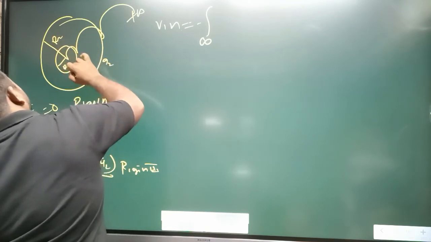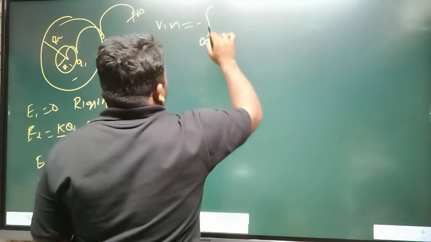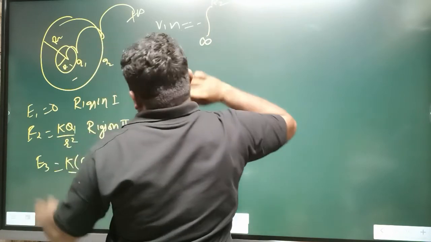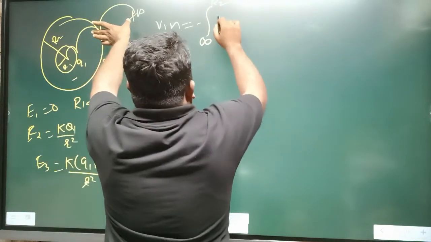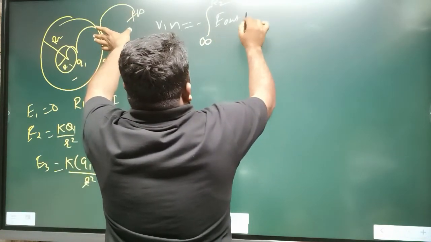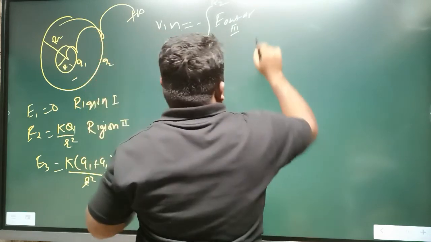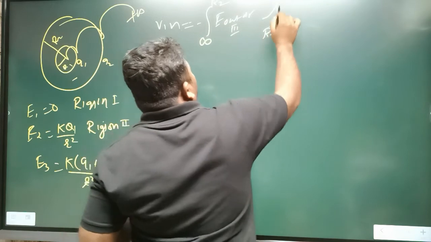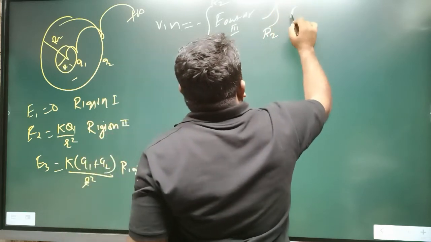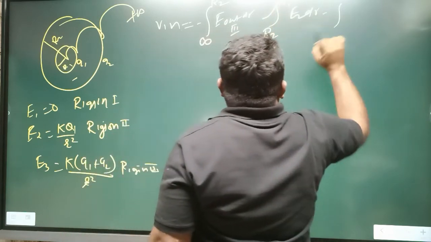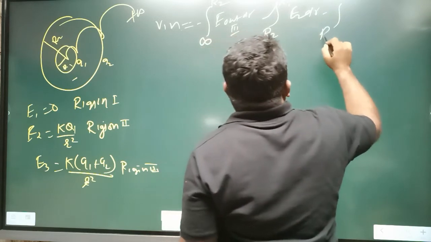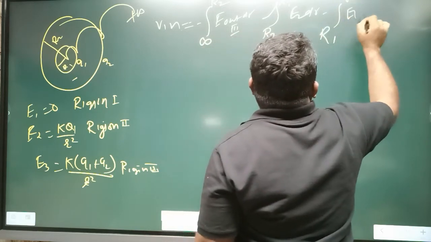Here is R1 radius. Infinity to R2, in this region the electric field is E out dr, or E third dr, minus R2 to R1, E2 dr, minus R1 to R, E1 dr.